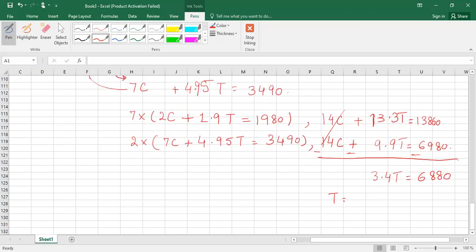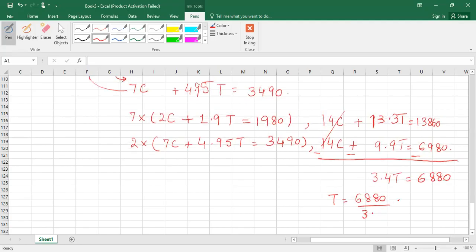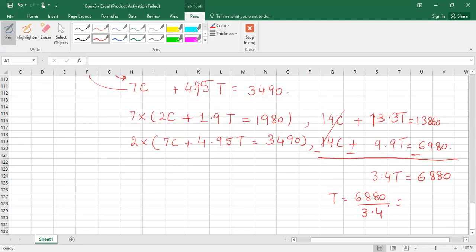So now we are producing tables, two thousand 23.5.